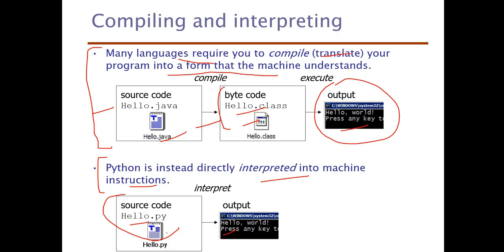Our source file will be hello.py, which is the extension of the Python language. Hello.py is our source file and we get output from it. This is the actual process of the interpreter, converting the program into machine language. I hope you understand this diagram of compiling and interpreting.